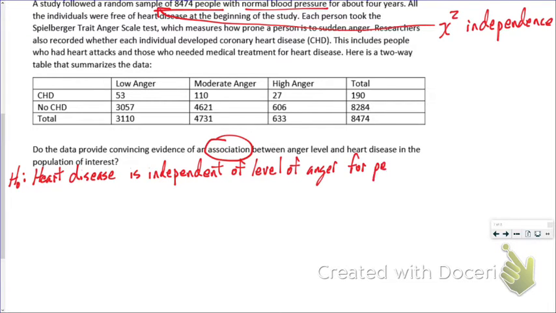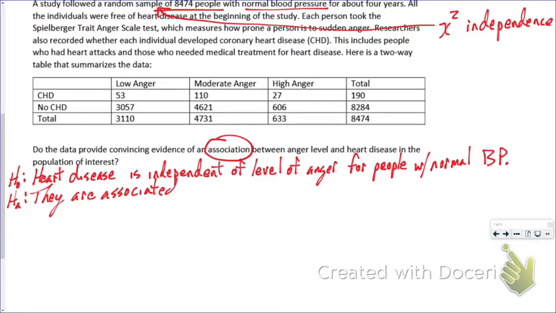And then HA is the opposite. They are associated. They didn't give us alpha, but let's just let alpha be 0.05 and move on to the plan step.